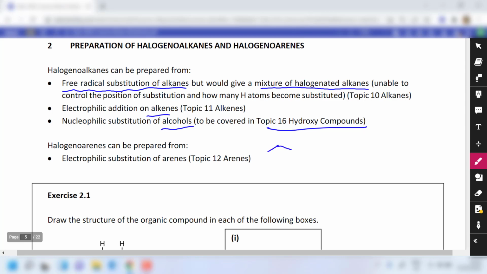If you need a little bit of recall, basically you have a benzene ring, and let's say you want to get bromobenzene. Do you remember what you need to add? Bromine, with a halogen carrier, FeBr3, which serves as a Lewis acid. In this case, your bromo group will be added as an electrophile to the benzene ring, and then your Lewis acid will be regenerated.